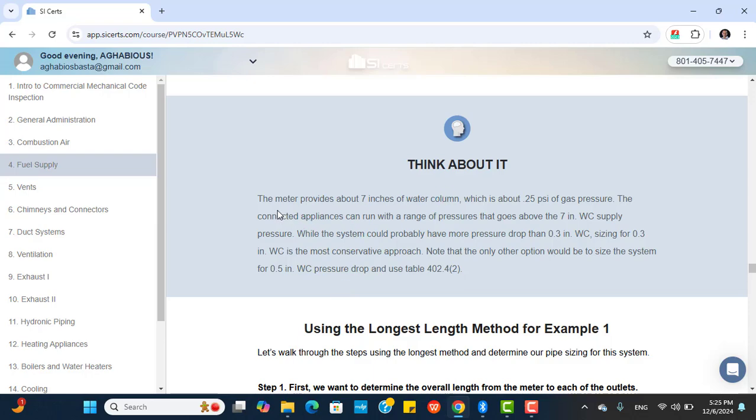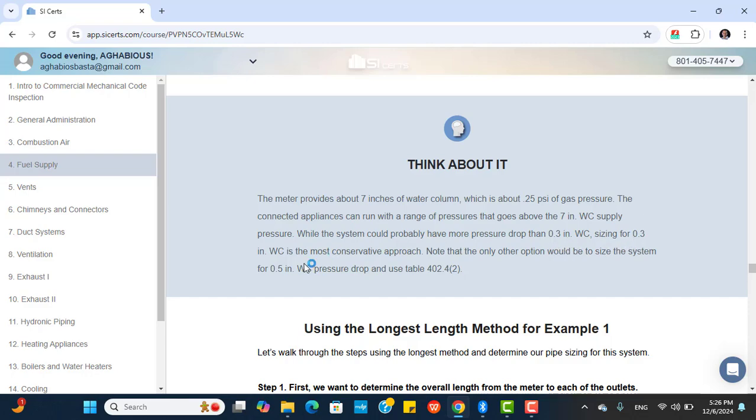Think about it. The meter provided about 7 inches of water column, which is about 0.25 psi of gas pressure. The connected appliances can run with a range of pressure that goes above the 7-inch water column supply pressure, while the system could probably have more pressure drop than 0.3-inch water column.